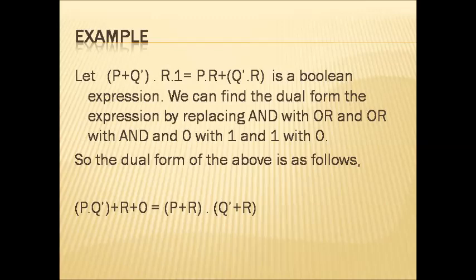And in the case of the right hand side, P dot R can be converted into P plus R. Then there is a plus, or an OR operator, that is replaced with AND. That is (P + R) . (Q bar + R). Okay, please understand this.